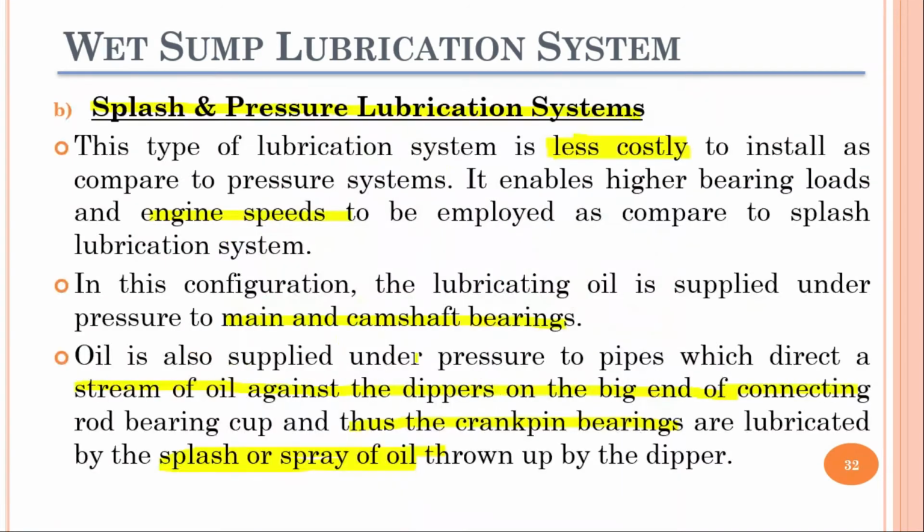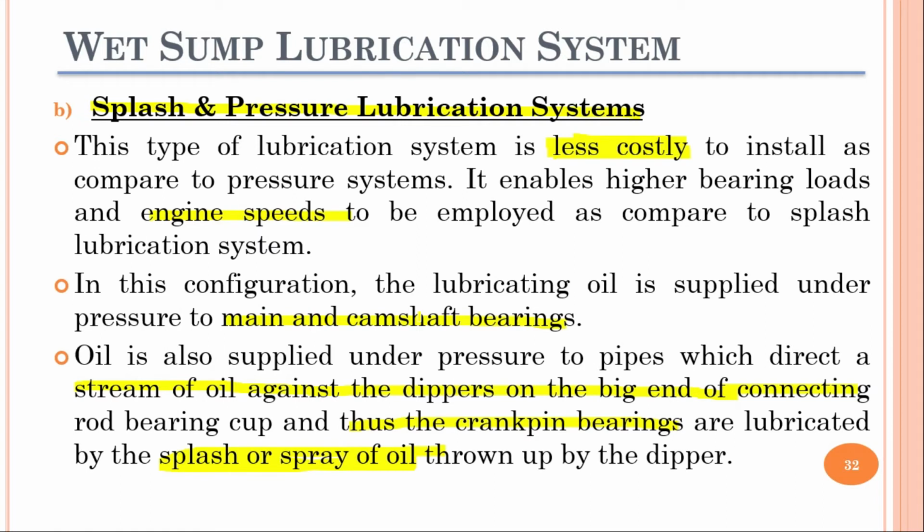So this is all about the semi pressure type, or splash and pressure lubrication system. Means in this system we are not only relying on the splashing, we also have incorporated the oil pump, and it is pumping the oil for the lubrication of the essential components.